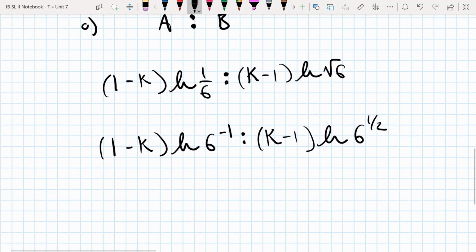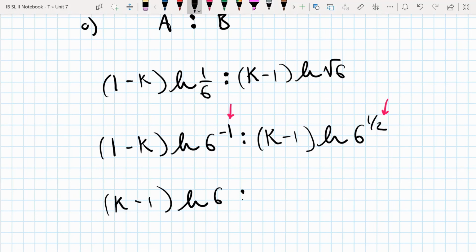Okay? So what we can do here is now bring these two exponents outside of the logarithms and multiply them on the outside. So if I bring out this negative 1, this becomes k minus 1, flips the order, natural log of 6. And if I bring out the 1/2, I get 1/2 k minus 1, natural log of 6.